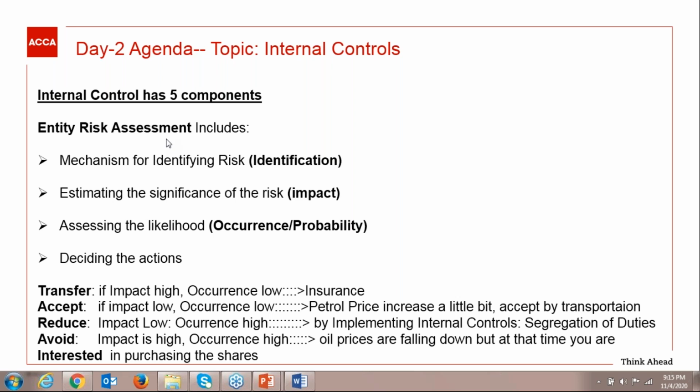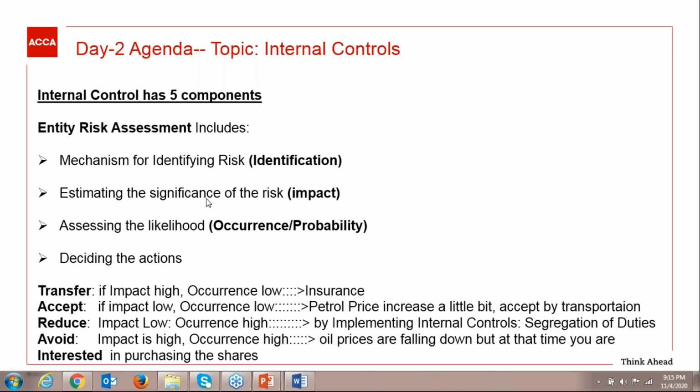But what are the benefits of having this component in your organization? The entity risk assessment includes the system for identifying risk. So the first step is identification.